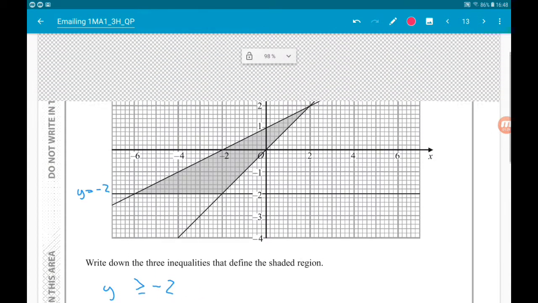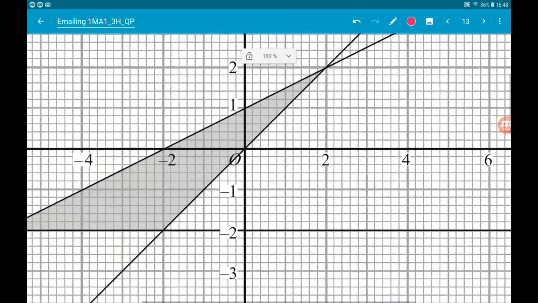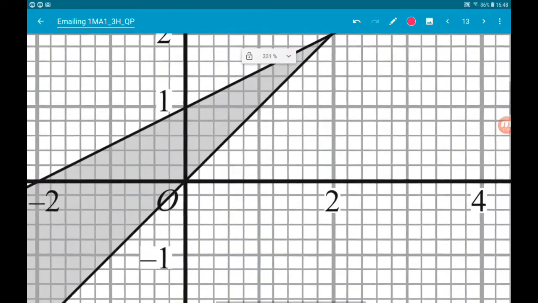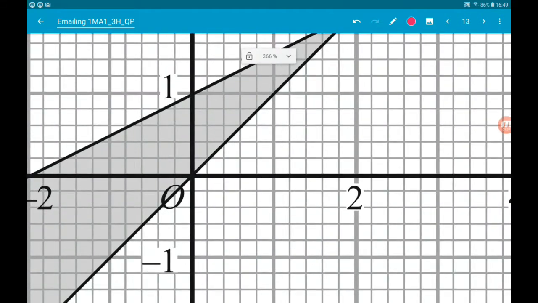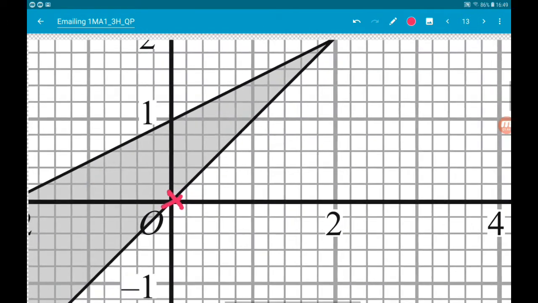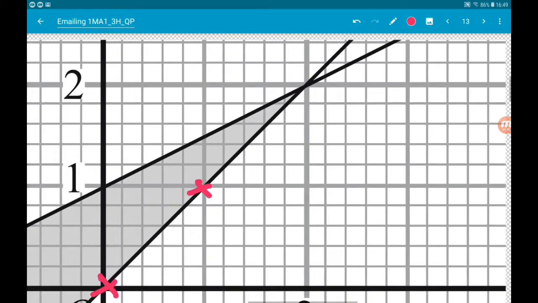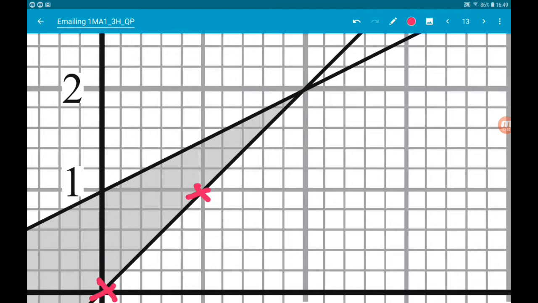Okay, on the next line, let's do this one that goes through 0, 0. So it goes through 0, 0. It also goes through 1, 1. It also goes through 2, 2.